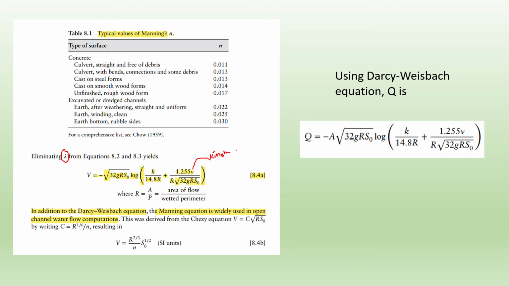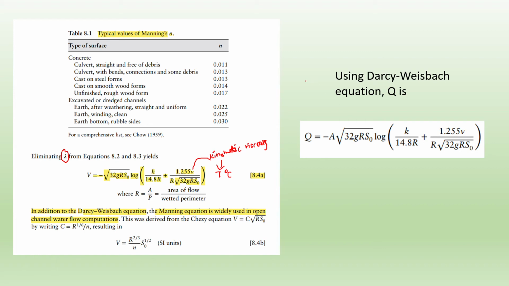Kinematic viscosity is also temperature dependent, and also liquid type dependent. So if we deal with water or oil, then you have to know, because oil and water have different characteristics, so you have to know what kind of fluids you are working with. Of course, in open channel flow we always deal with water.